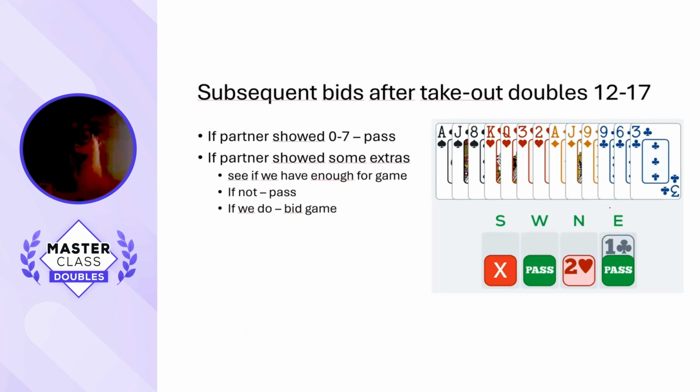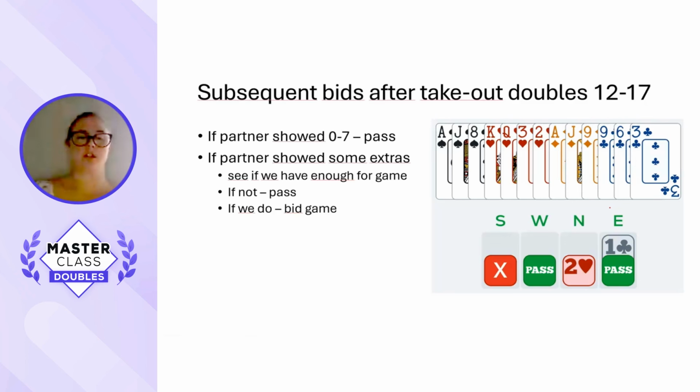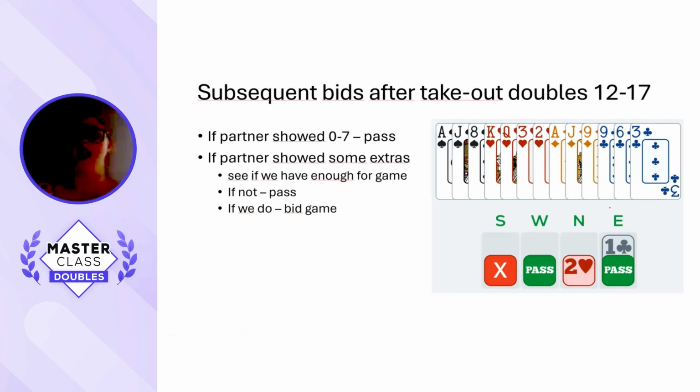So let's look at this hand. We have 15 high card points and partner is showing 8 to 10 by jumping to 2 hearts. And we have support in hearts, and we know that if partner has 10, we definitely want to be in game. If partner has 8, it's a little bit aggressive.